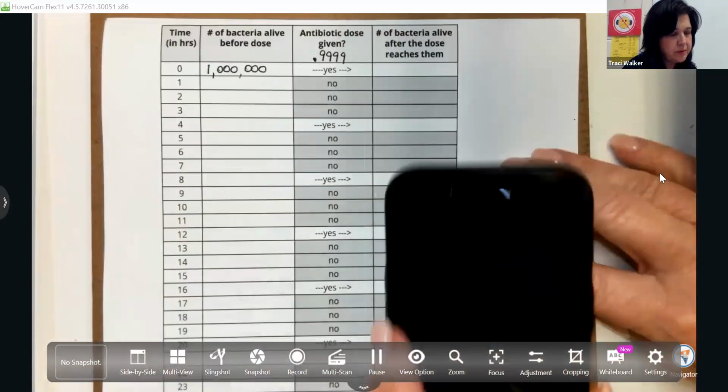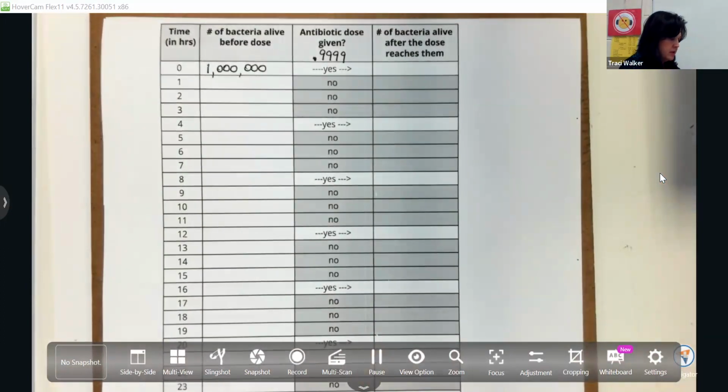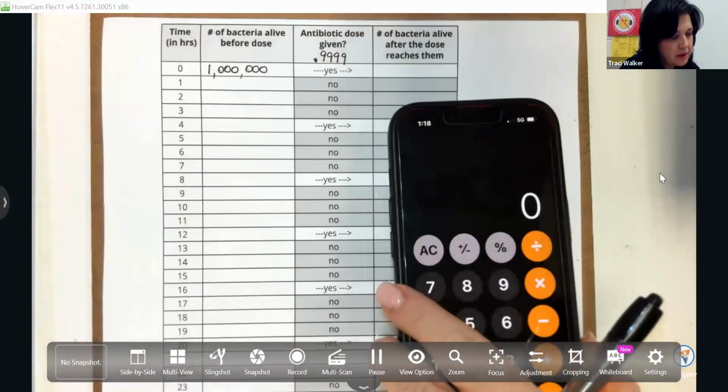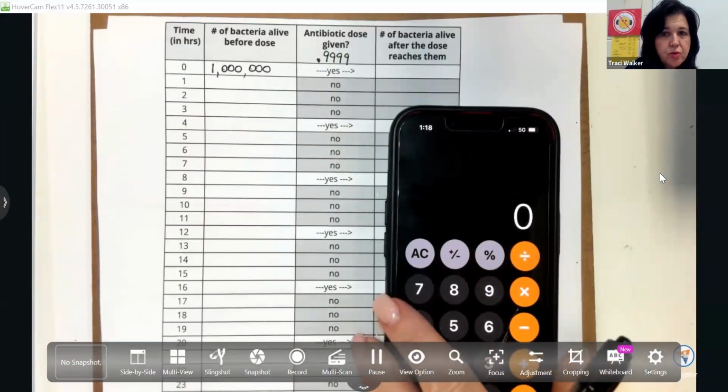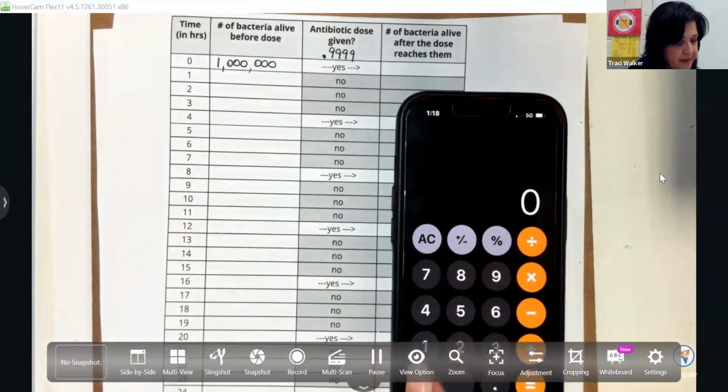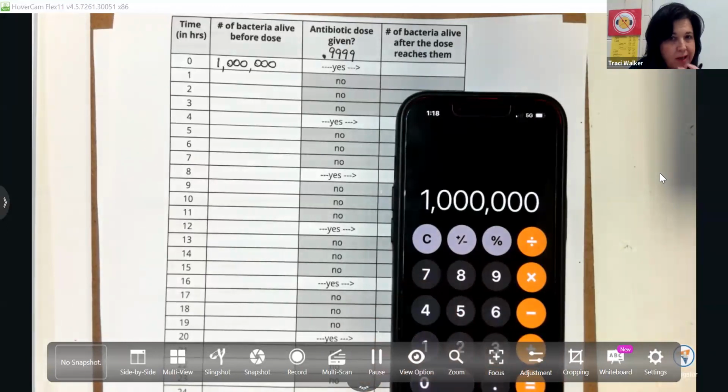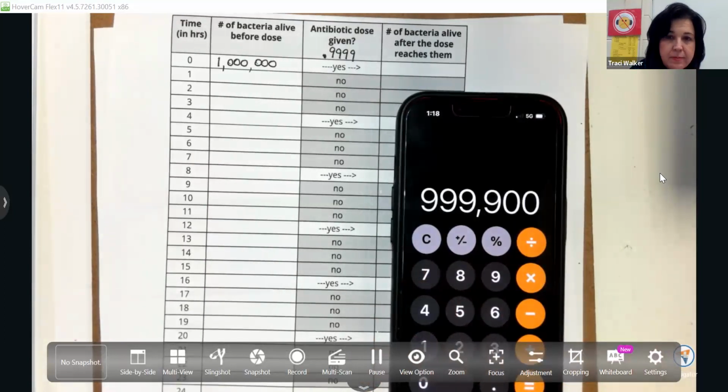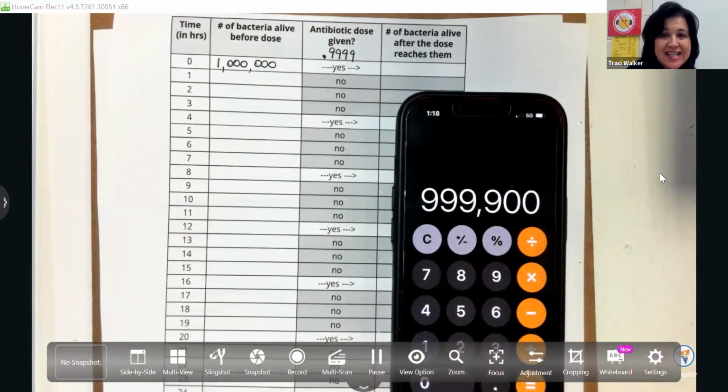All right, so we have 1 million bacteria cells, 6 zeros, and we're going to take our antibiotic that is 99.99% effective. So we're going to multiply times 0.9999, and that means that we are going to kill 999,900 bacteria on our first dose.